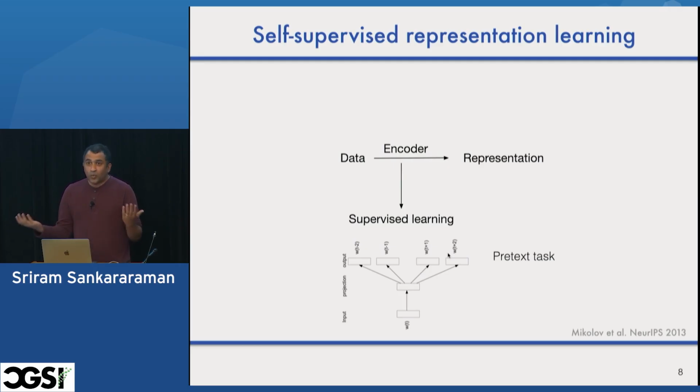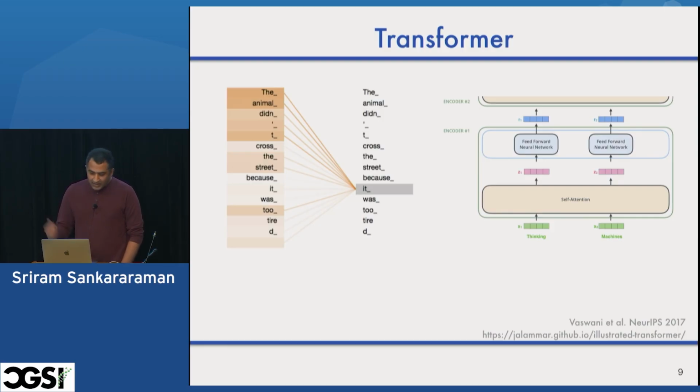So let me just tell you about one possible choice of, say, an encoder that you might use. And this is something that has been extremely popular. I'm sure you've heard of it in many different contexts, but just so that we're all on the same page. If you're dealing with language or text, one property that you want this encoder to be able to have is a particular word in the text should be able to pick up its relationship with all the other words in this sentence.